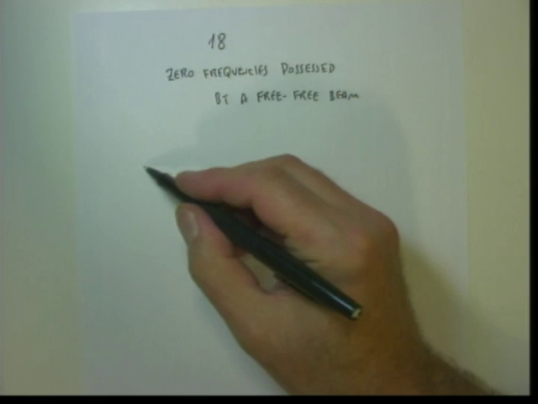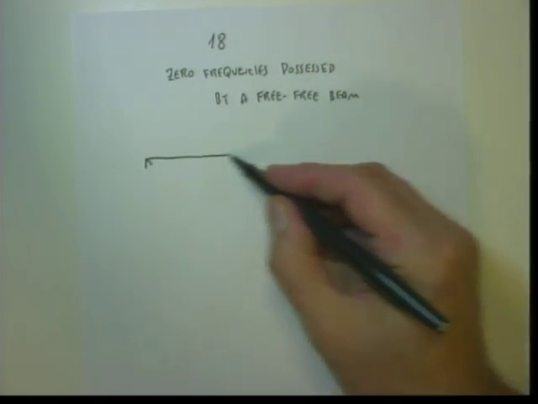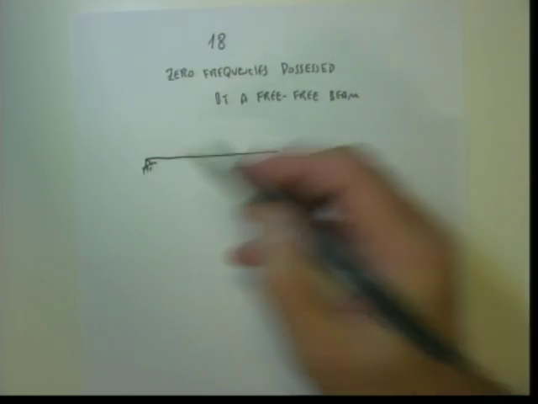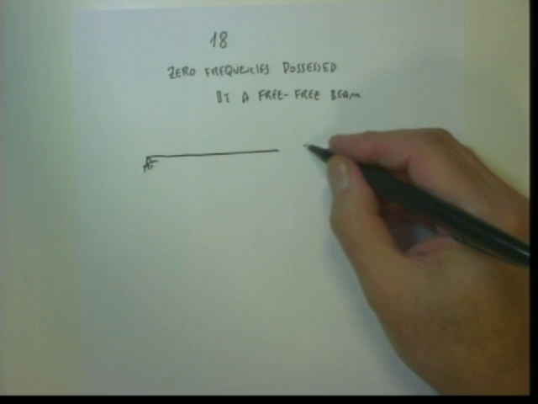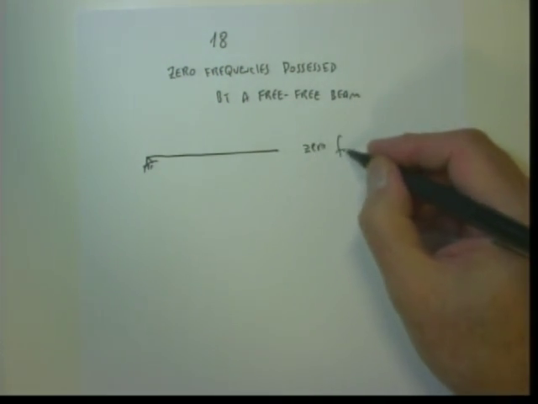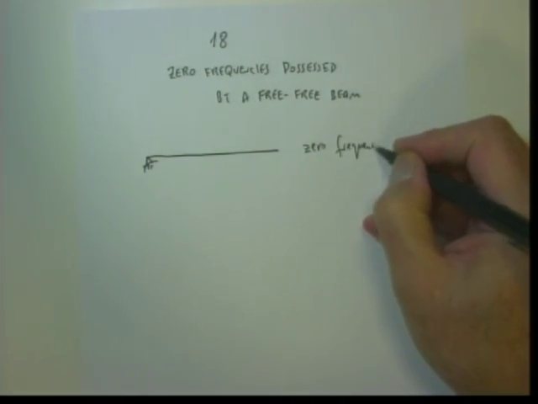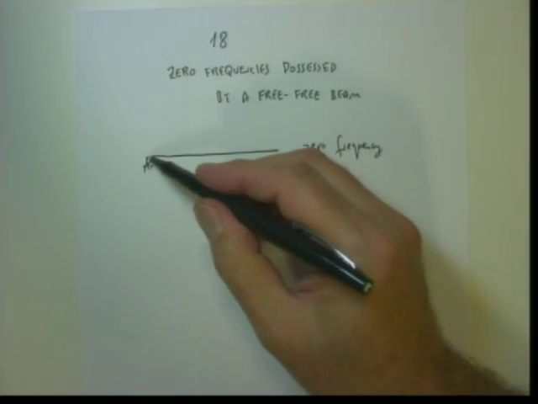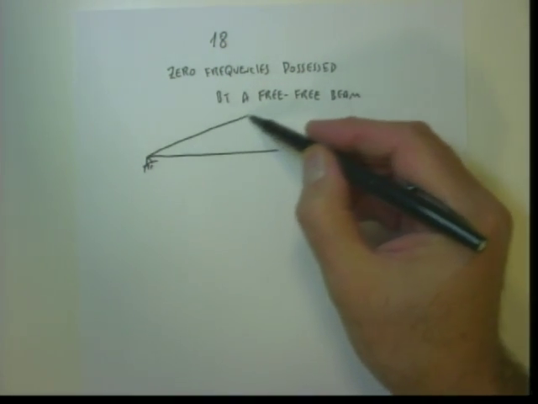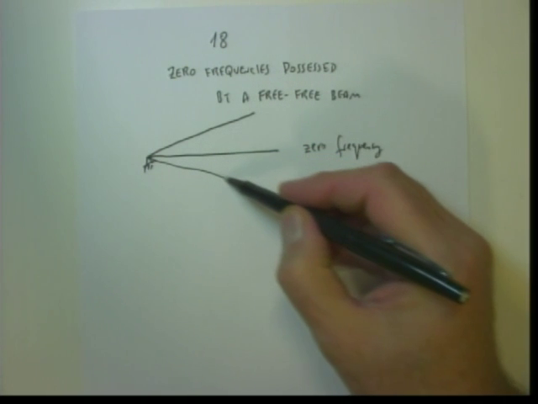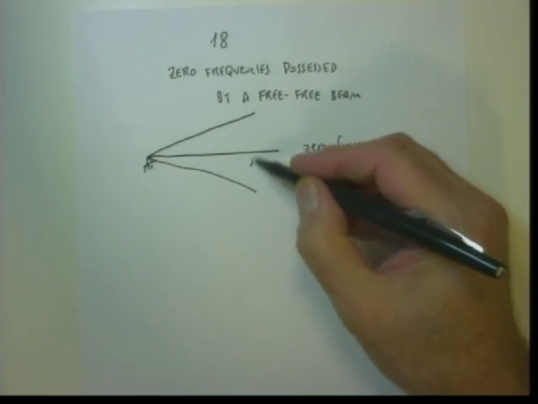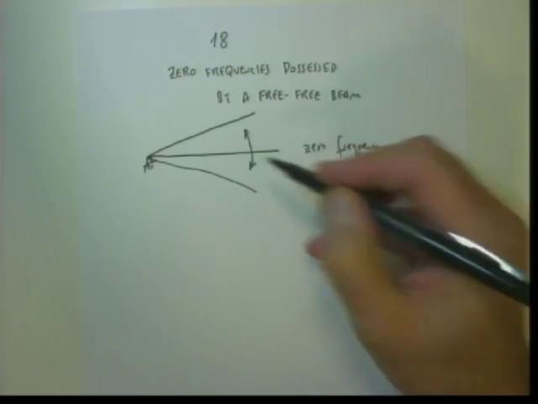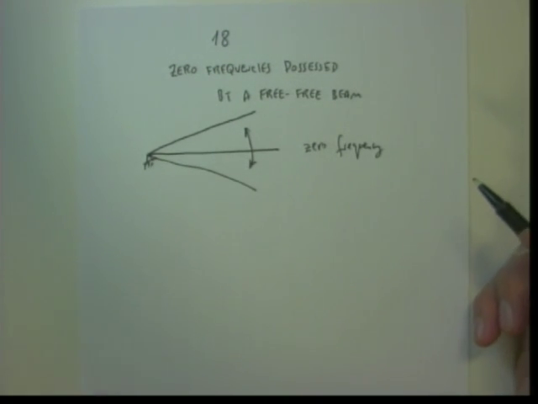So past time we saw that a simply supported free beam has zero frequency. So there is this zero frequency. And it is associated with the possibility of such a movement of this beam, just rotation, without any deformation, no deformation. It moves like a rigid body.